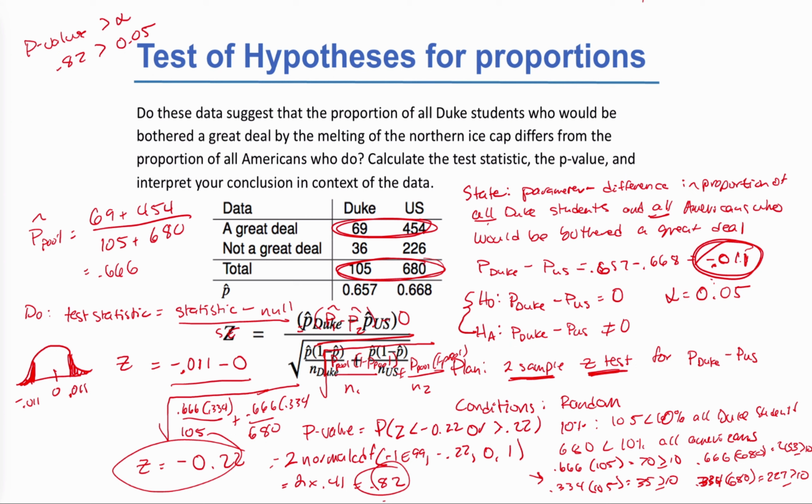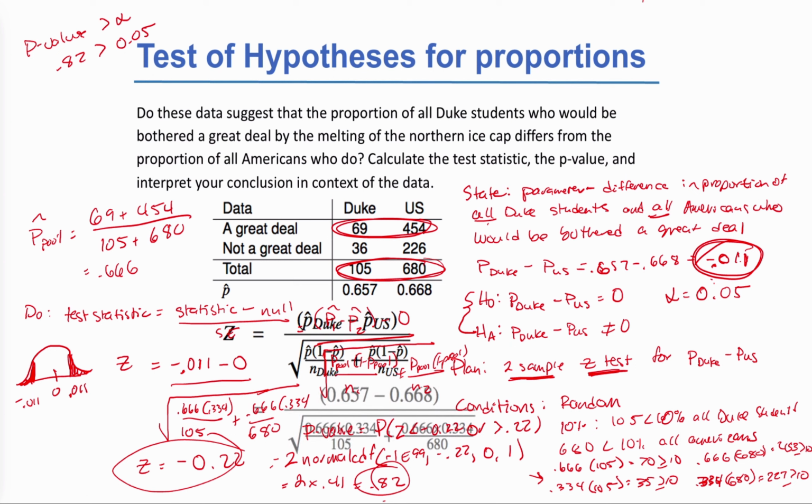And because 0.82 is greater than 0.05, we do not reject the null and do not have convincing evidence that the proportion of all Duke students who would be bothered a great deal by the melting ice caps is different from the proportion of all Americans who would.